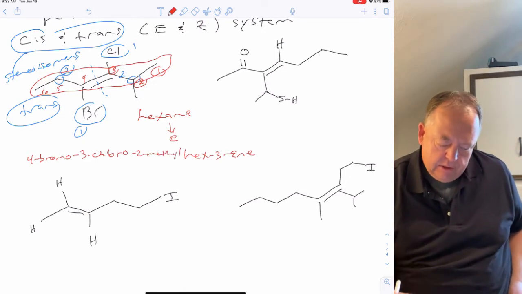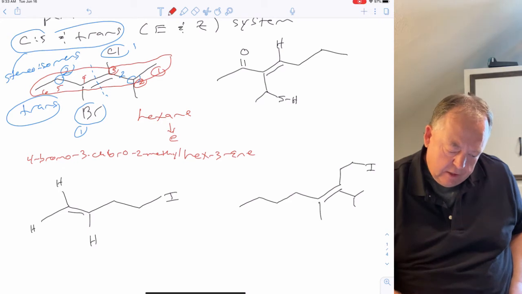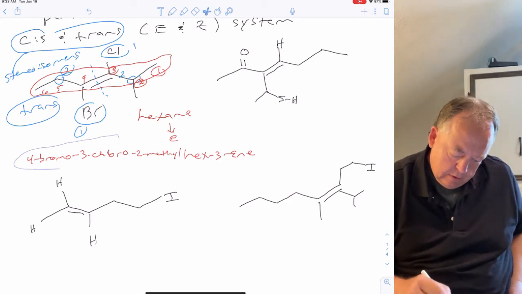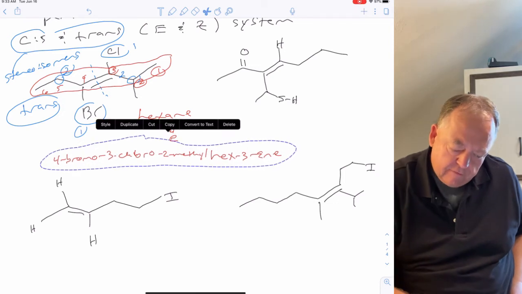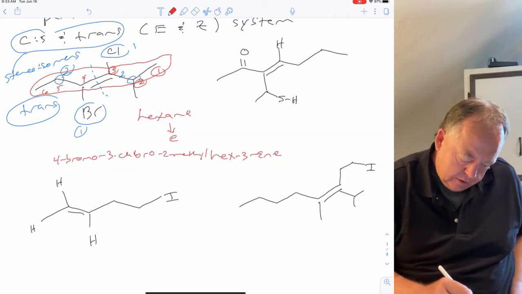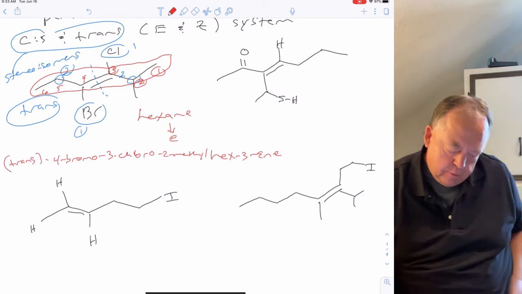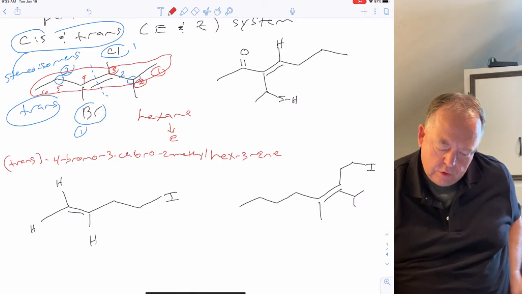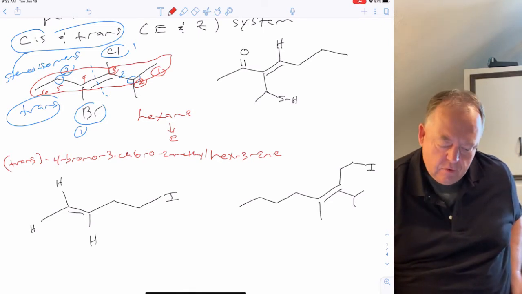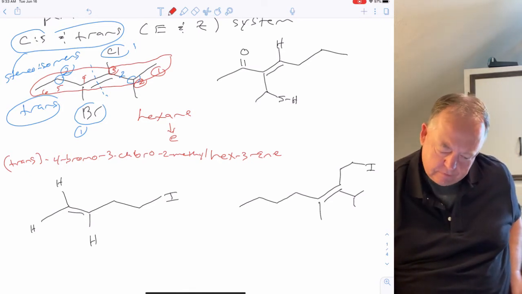That takes care of the substituents, and then we still have to take care of the stereochemistry. The stereochemistry will come in the front of the name, in parentheses, so this will be trans. So trans-4-bromo-3-chloro-2-methylhex-3-ene would be the name of that molecule.